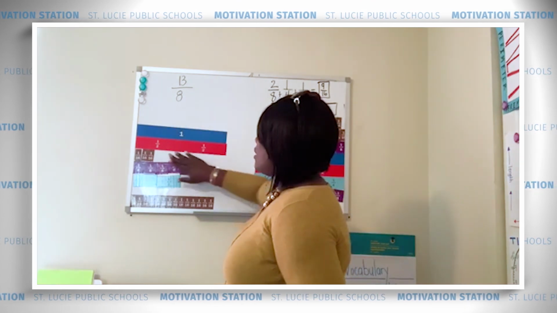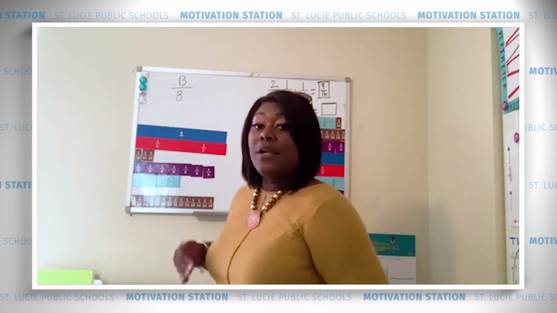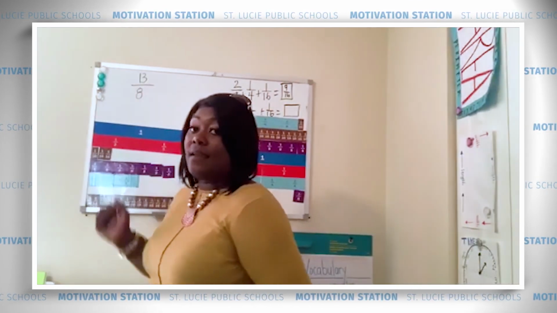Remember, boys and girls, the denominator, or the bottom part of the fraction, tells us how many equal-sized portions the whole was broken into. 8. So that would represent my eighths. The numerator, the top number, tells me how many of those eighths are being described. 13.